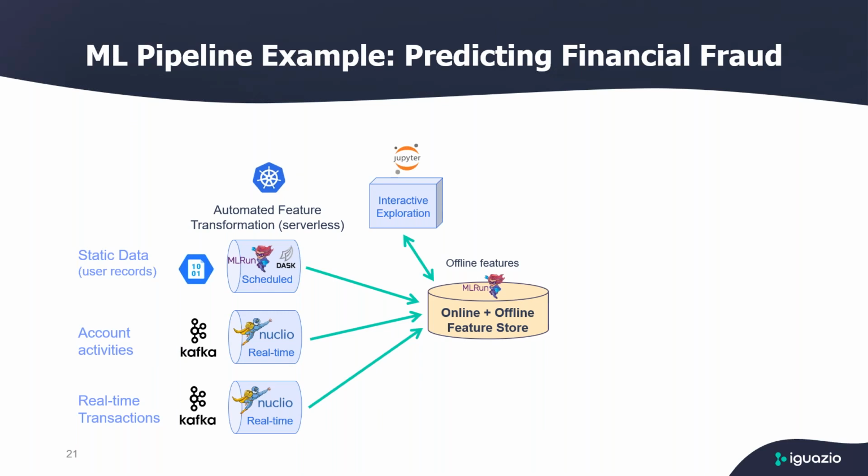I'm taking an example of predicting financial fraud. What we have in this example is 3 different data sets. We have user records, and we have the account activities, log in, log out, and so on. We have real-time transactions, someone paid for something, and so on. We also have the label data, but you'll see that we're producing a few different feature sets from that.